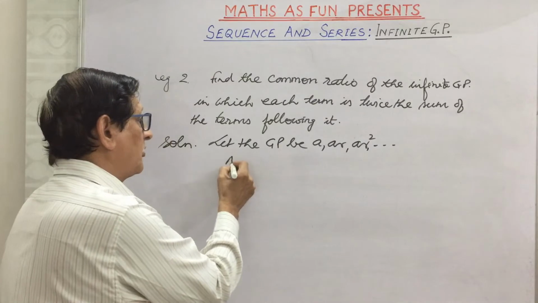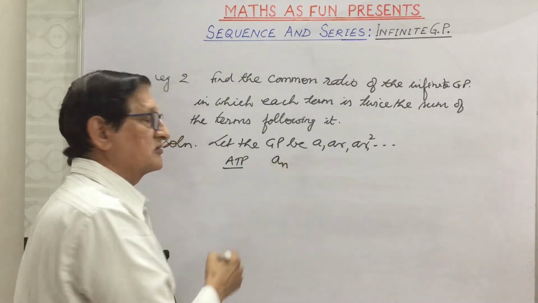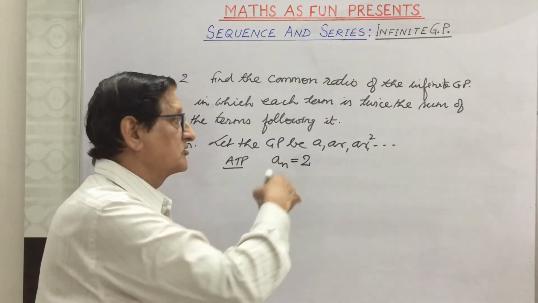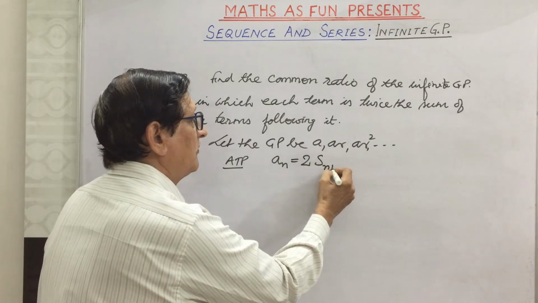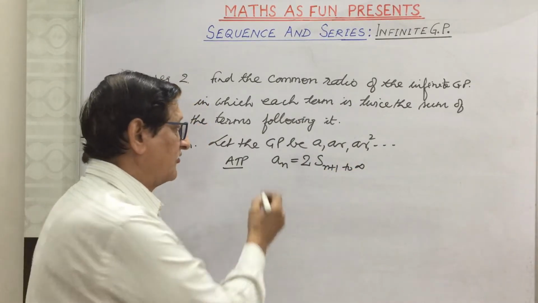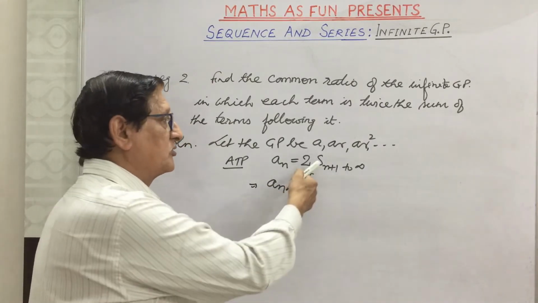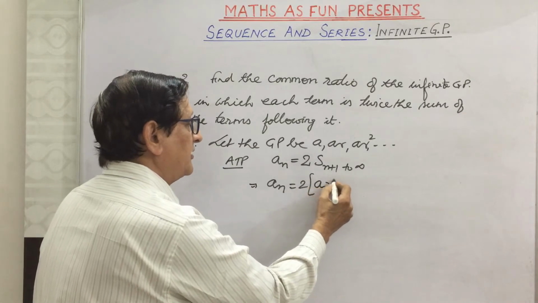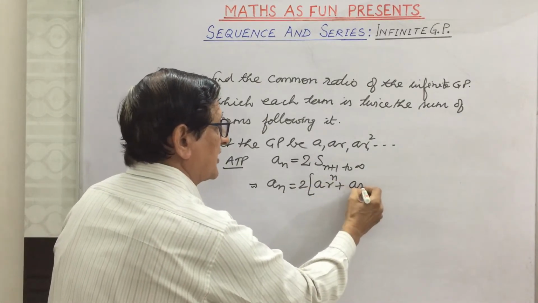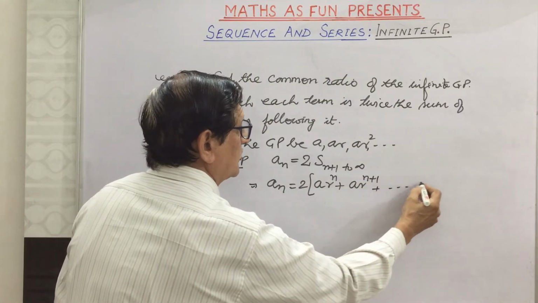According to the problem, any term, suppose the nth term, is twice the sum of the terms from n plus 1 to infinity. We can also write this as a_n equal to twice of the (n plus 1)th term, which is a r to the power n, plus the next term a r to the power n plus 1, and so on up to infinity.